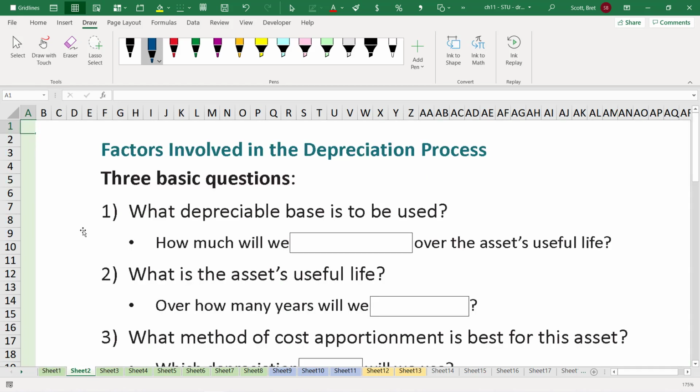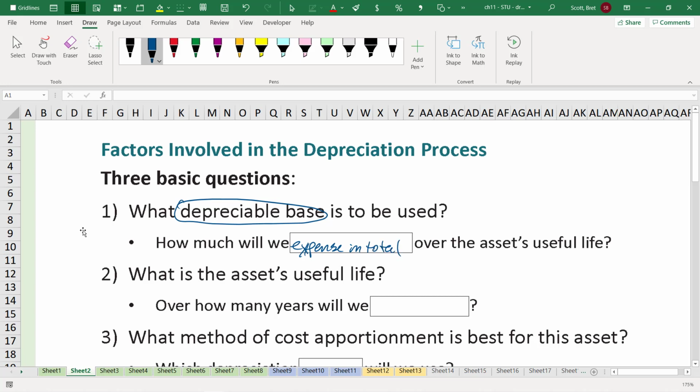There are three major questions we have to ask ourselves when we have fixed assets. First, what is the depreciable base to be used? That's another way of saying how much will we expense in total over the asset's useful life.